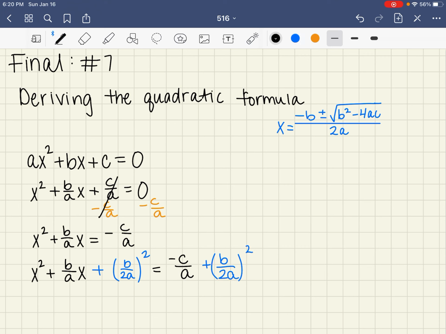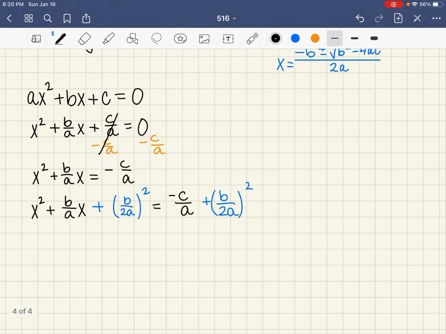So now we can actually complete the square, and we can write the left-hand side as x plus b over 2a, squared. So now if I want to solve for x, we're going to take the square root on both sides.